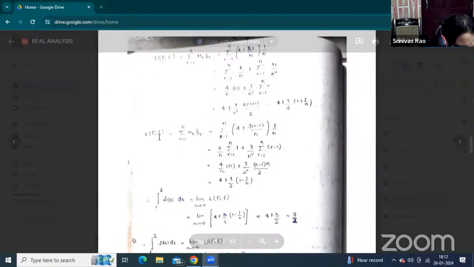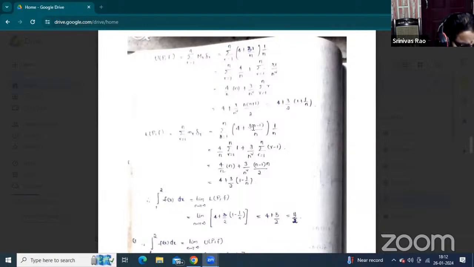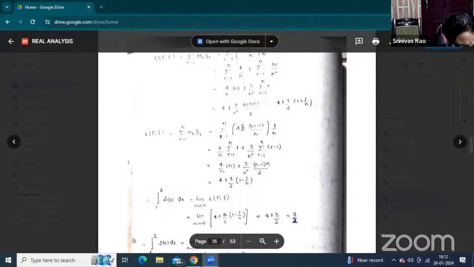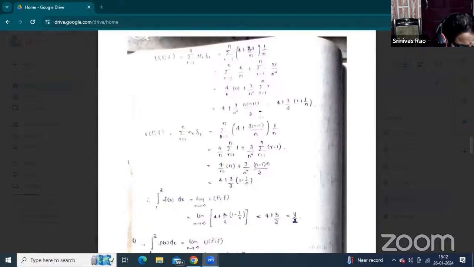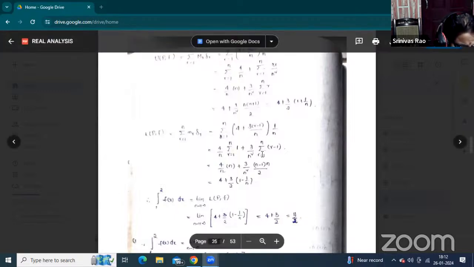In the same manner, the lower Riemann sum. The lower value of the rth subinterval is 4 plus 3(r-1)/n. Substituting that value in the function, we get the small m_r, which is 4 plus 3(r-1)/n. Del r value is 1/n.